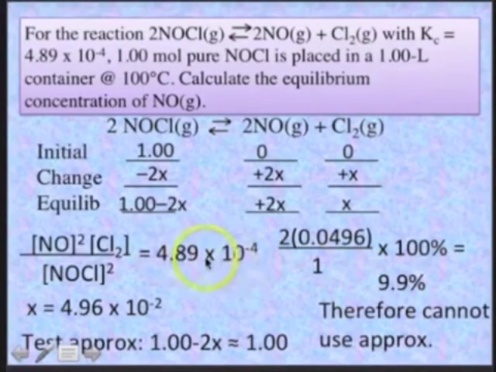It's very simple to test whether the approximation works. Whenever you're in a gray area, you don't have a K value that's really small, it's 10 to the minus 4 or bigger than that, 10 to the minus 3, 10 to the minus 2, whatever, you can test for the approximation simply by going through with the approximation, getting a value for x, and making a ratio of that value of x divided by the initial concentration, the one that you're subtracting from, times 100%.